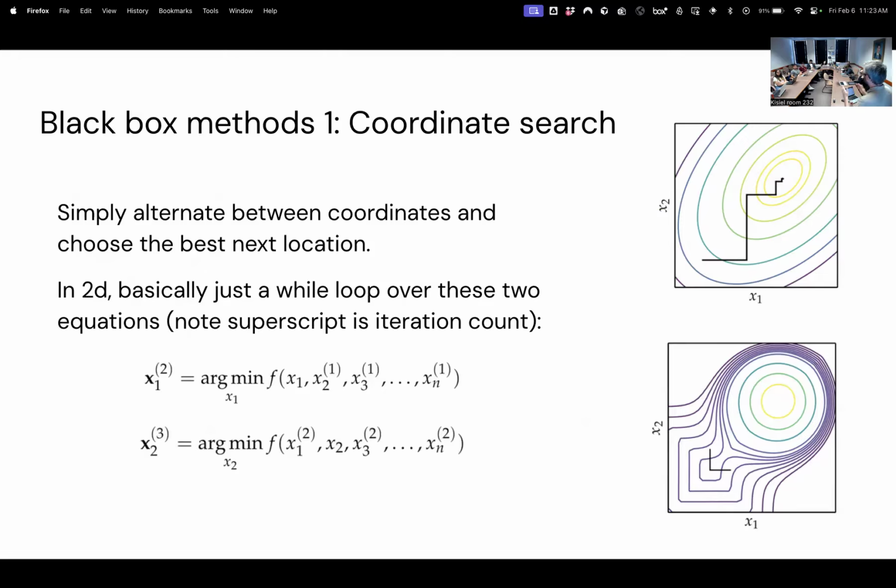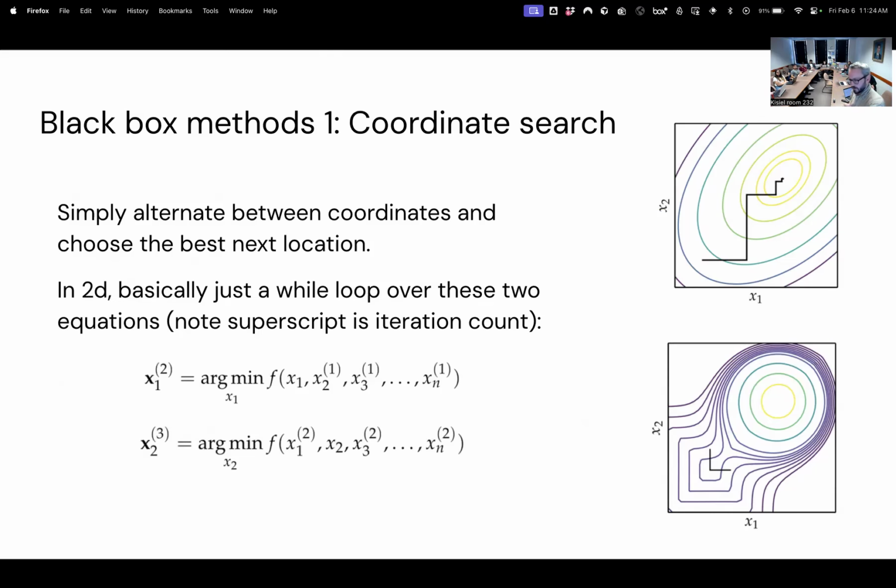Then you turn 90 degrees, or whatever the respective direction is in your coordinate system, and you do the same thing again. Very obvious, very easy to do. So it's just these two equations that you iterate over in a while loop until you hit some desired tolerance. Very easy. Things can go wrong with this, of course.